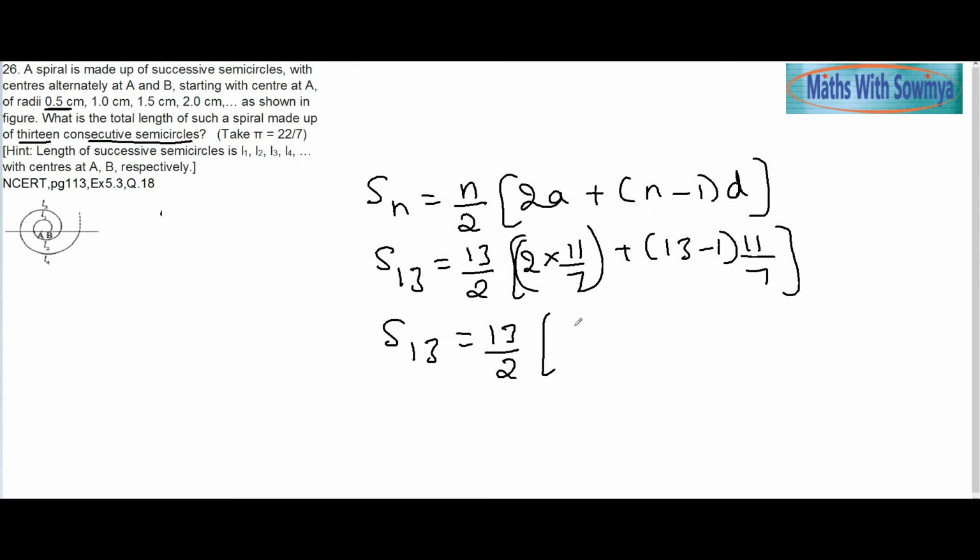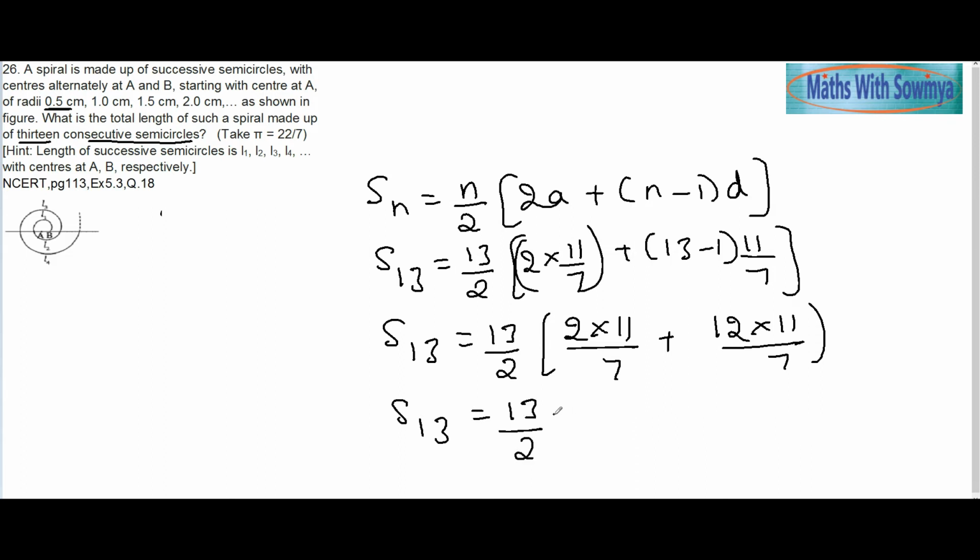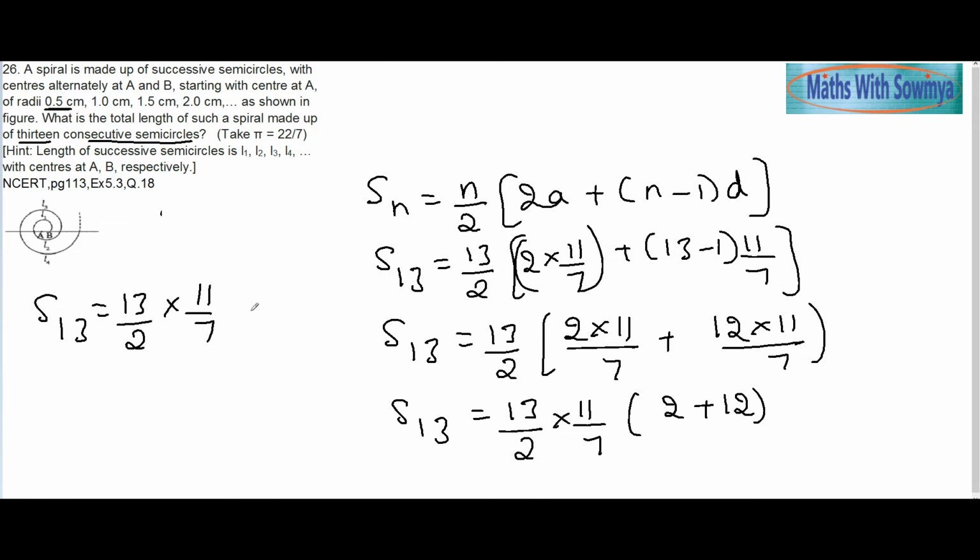Two can be taken as a common factor afterwards. So this is 12 into 11 by 7. 11 by 7 can also be taken as a common factor. If I take 11 by 7, I am left with 2 plus 12. So we have 13 by 2 into 11 by 7 into 14.